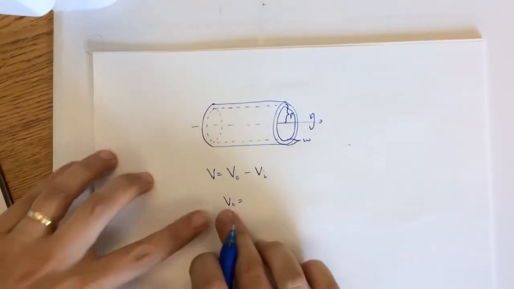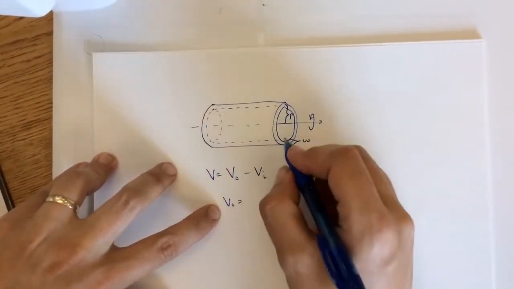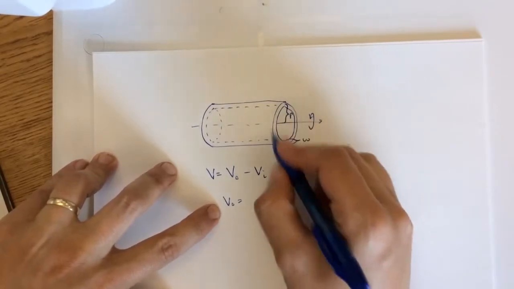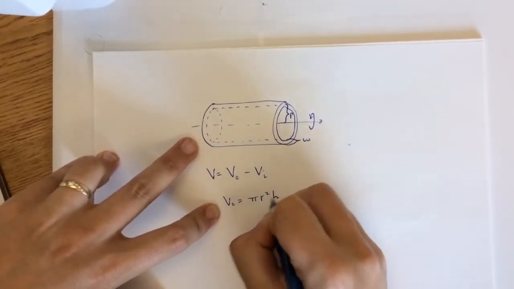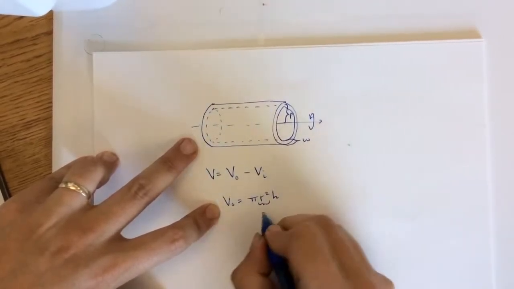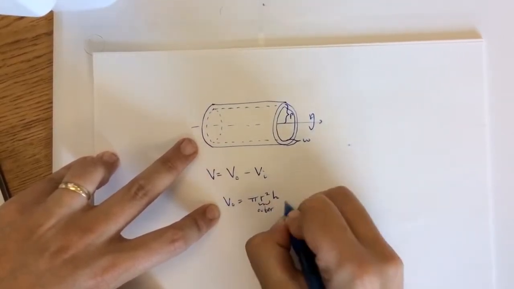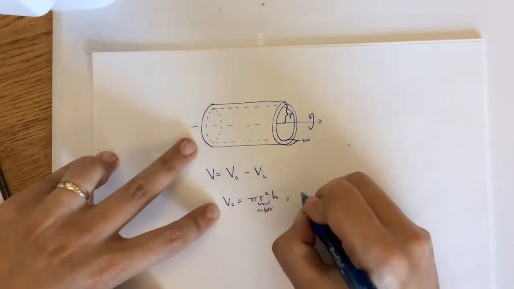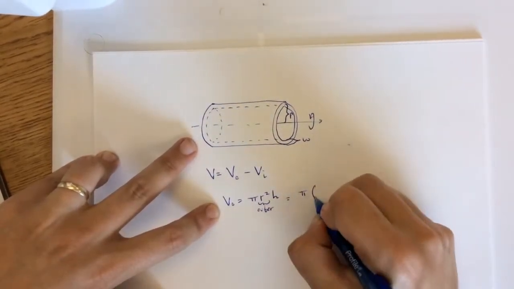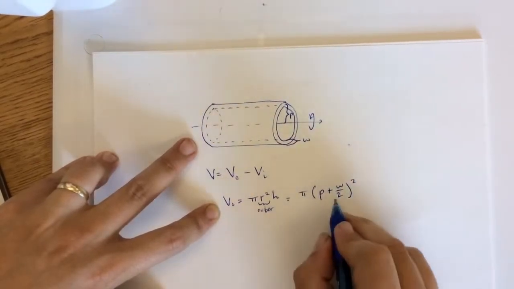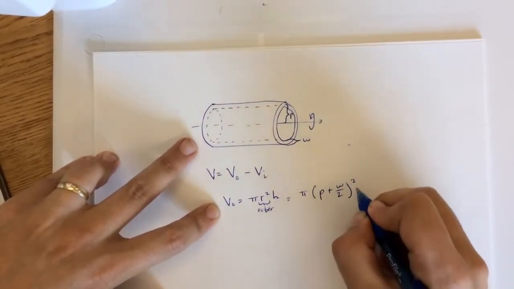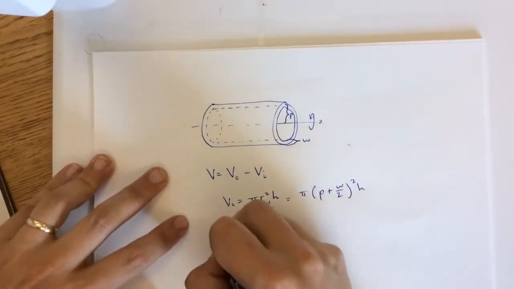well, if the outer volume is the volume of the outer cylinder, that should be pi r squared h, where r is the radius of the outer cylinder. The radius of the outer cylinder is p plus w over 2, so the volume is pi times p plus w over 2 squared times h.